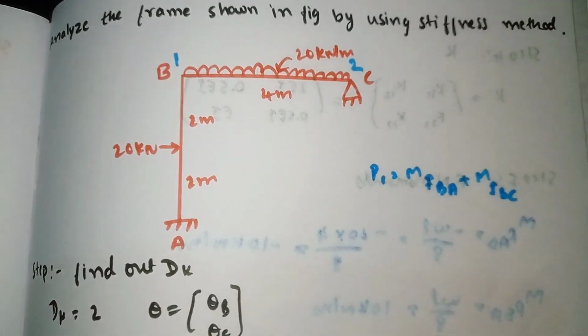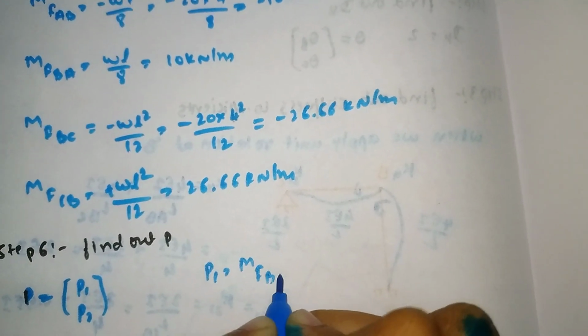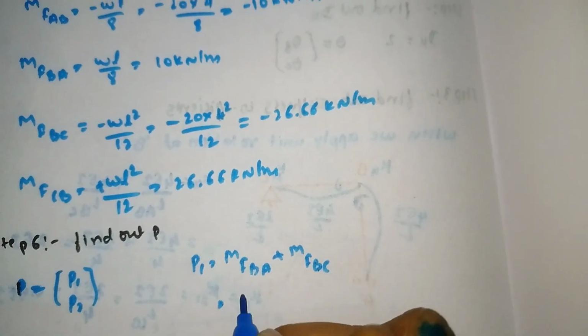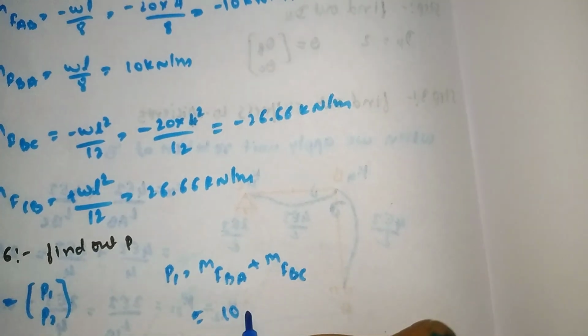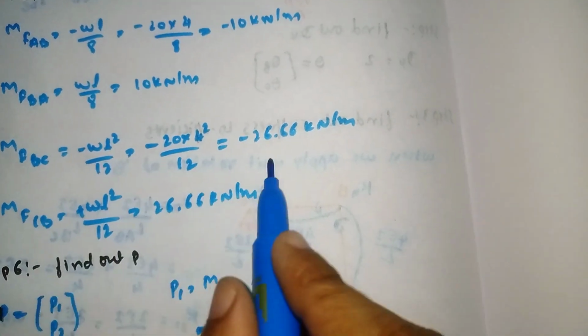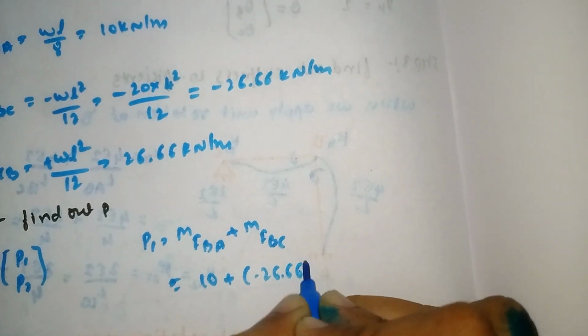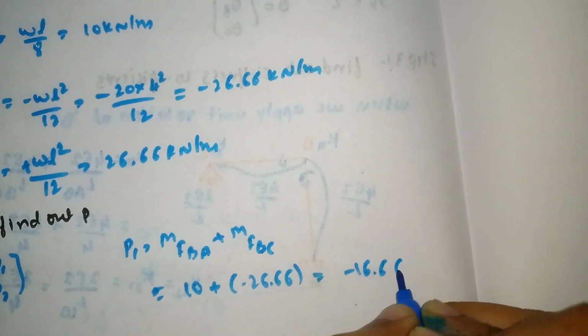Our P1 is equal to MFBA plus MFBC. The MFBA value we got was 10 and the MFBC value we got was minus 26.66. By simplifying, it will come out as minus 16.66.